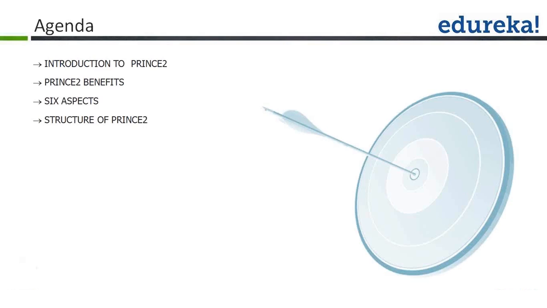We'll talk about PRINCE2 benefits. We'll also talk about the 6 aspects or performance targets against which progress is measured in PRINCE2. We'll also talk about the structure of PRINCE2, which is depicted through 4 integrated elements: principles, processes, themes, and tailoring PRINCE2 to the project environment.